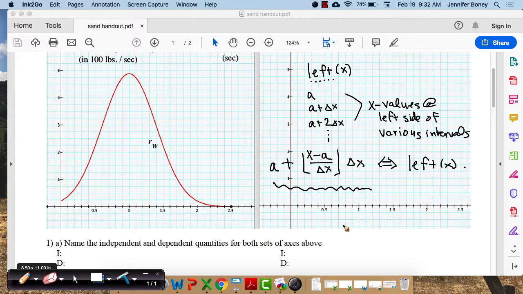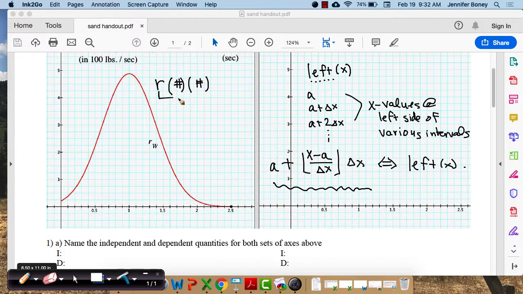So left of x we care about when we're trying to find the accumulation in the current interval because we have to express where do I use those rates. So notice there's no rate involved in this expression here. So if I want to measure accumulation, I have to have the rate at the beginning of an interval. So the rate evaluated somewhere times how long I use it for. So some sort of x value.